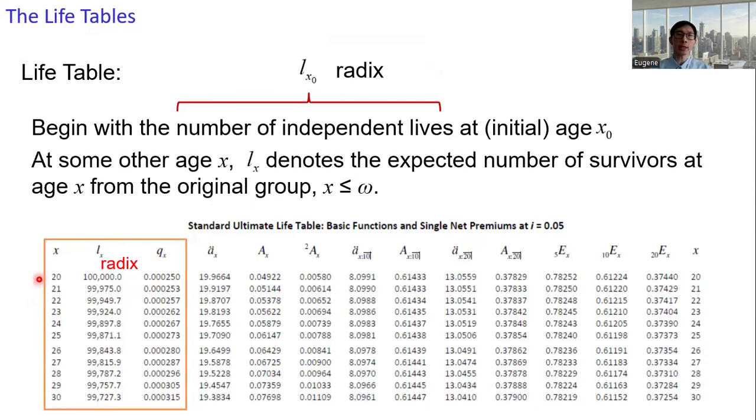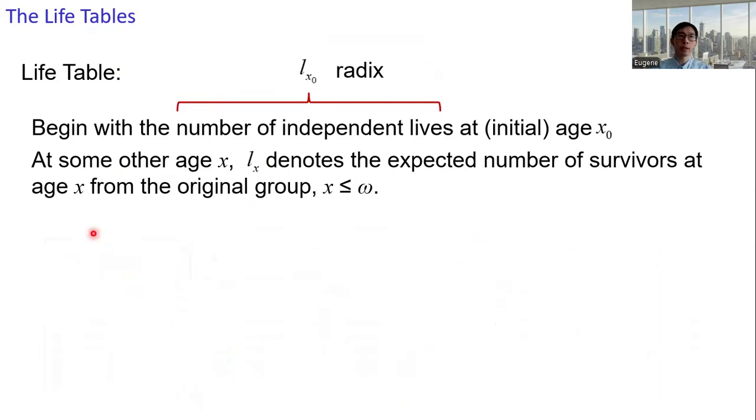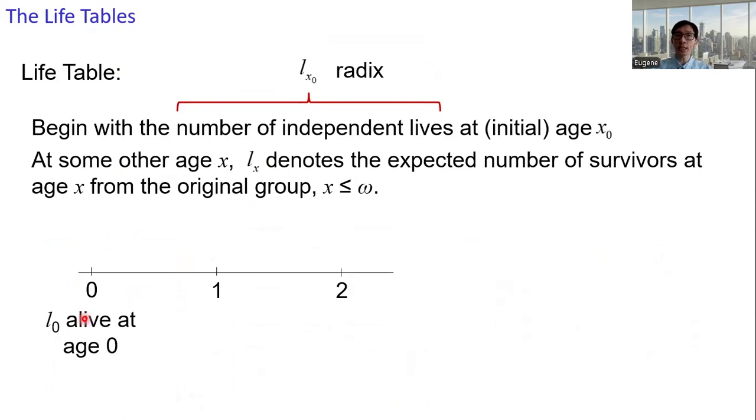And at later ages, lx denotes the expected number of survivors at age x. Let's define more notation. Suppose we have a radix at age 0, we have l0 alive, so that is l0 number of newborns at age 0. And then within the first year, it is expected that, say, d0 deaths occur.